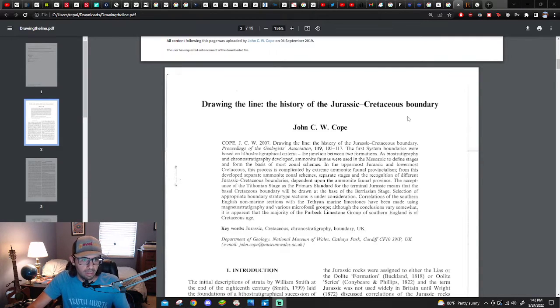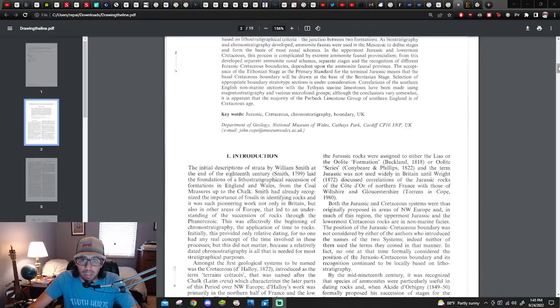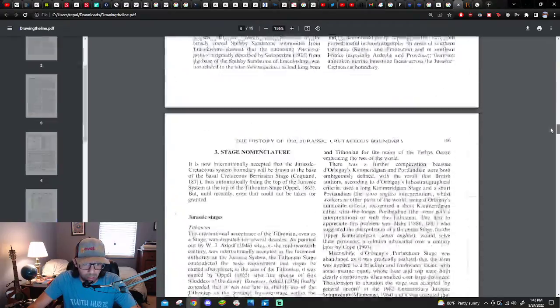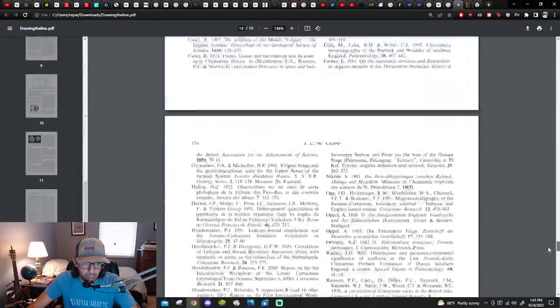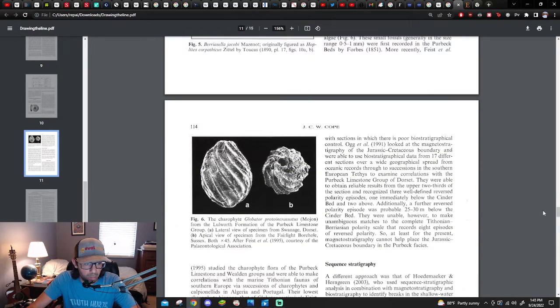Okay, so drawing the line, the history of the Jurassic Cretaceous boundary. First system boundaries were based on. Okay, that's what I read already. Let's see what kind of imagery we got here. Really, just that? What is that? Cool.